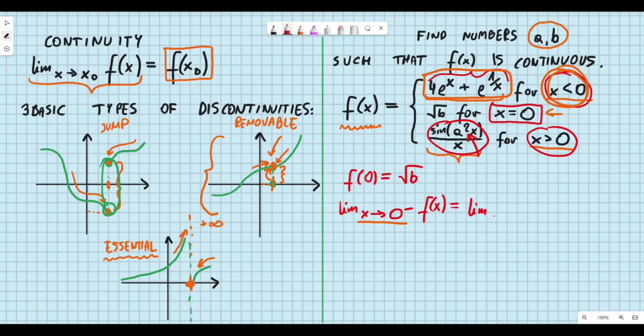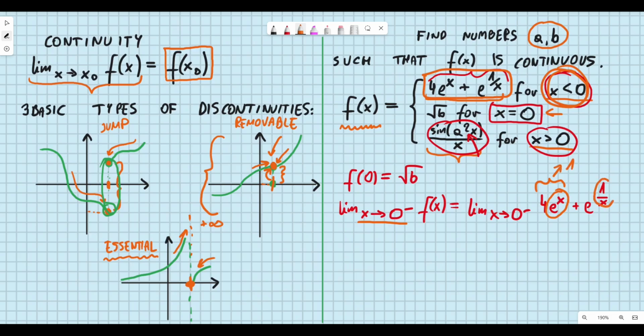So we have x from the left, and the expression e to x plus e to 1 over x. Since function e to x is elementary, as we tend to 0, e to x tends to e to 0, being 1. So simply this part converges to number 1.